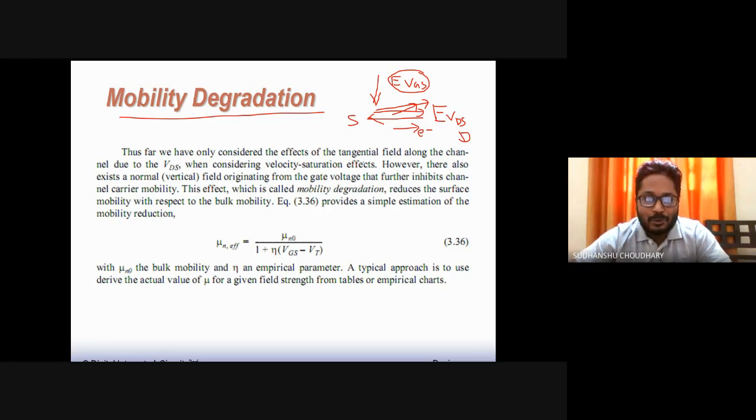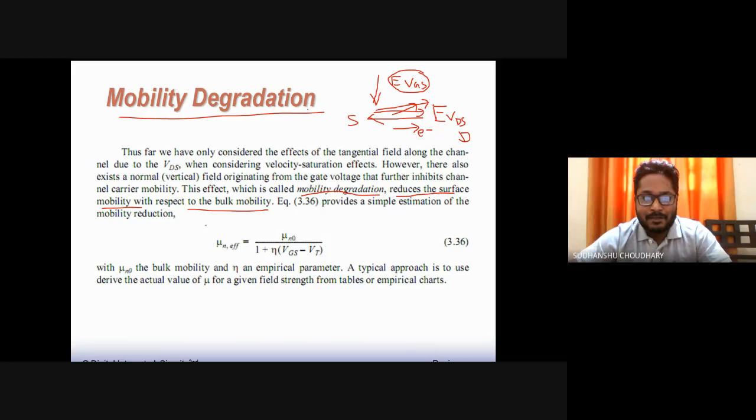So that deflection causes this effect, which is called mobility degradation. That is, it reduces the surface mobility with respect to the bulk mobility.